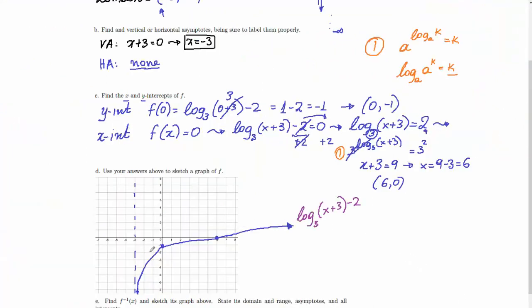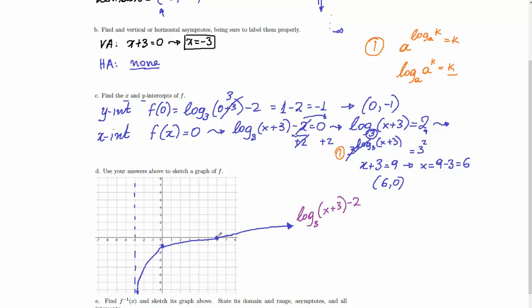To do that is simple. First of all, I'm going to consider the 2 points that I already have, the 0, -1 and the 6, 0, in order to exchange the x and the y and find 2 points of the inverse function.